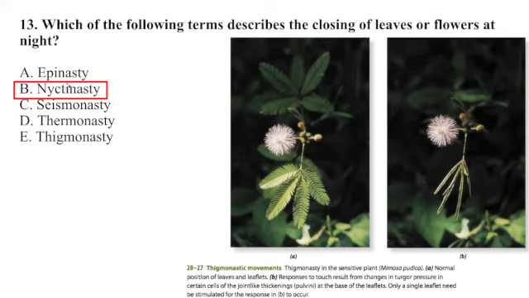And then epinasty is more of a response that's induced by ethylene. It really happens when only the upper part of the plant grows. Epi means above or on top, right?